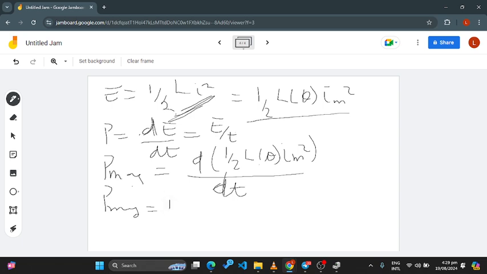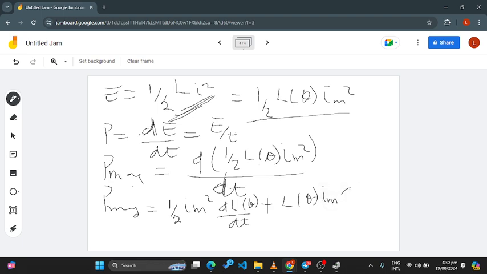So I'm going to have half Im squared times dL of θ/dt plus, now I hold this guy constant. I differentiate this. If I differentiate this, the 2 will come here to multiply this, so it will cancel the half. So I'm just going to have L of θ. Then this is going to give me Im.